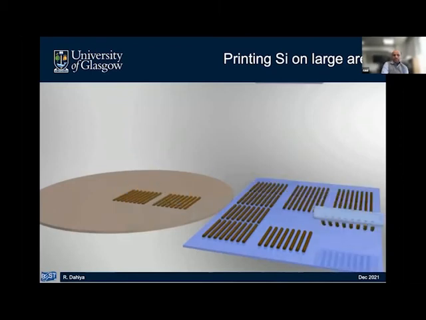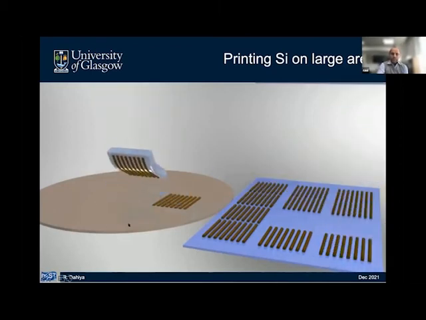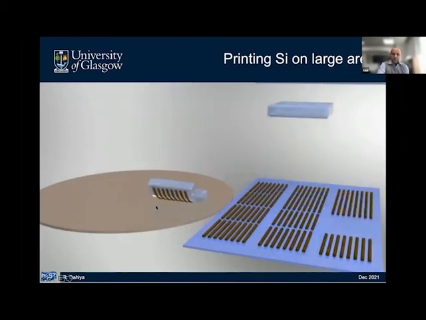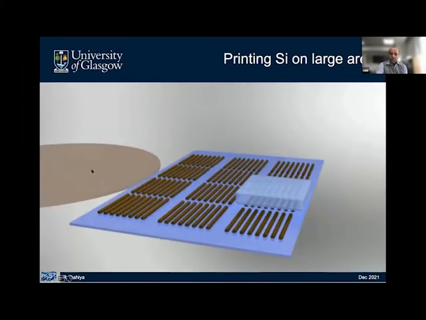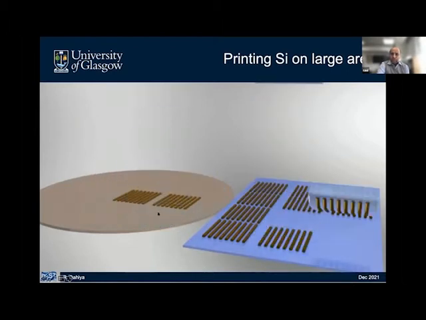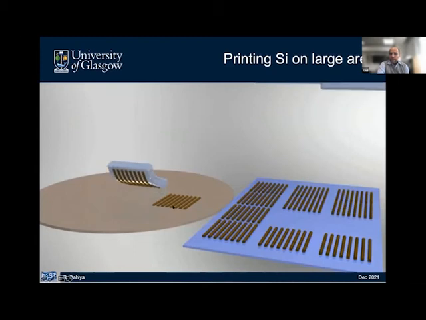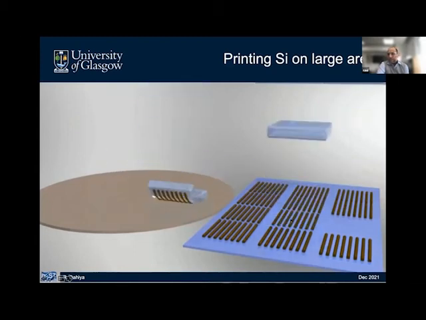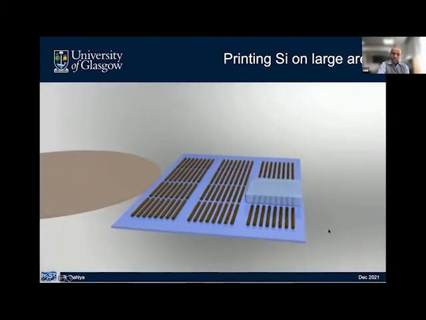This animation shows what transfer printing looks like. You basically realize micro nanostructures on the wafer, carry out all high temperature processing steps on the wafer, and then using an elastomeric stamp, you pick the structures and transfer them onto a flexible substrate, and this can be transferred over large area.